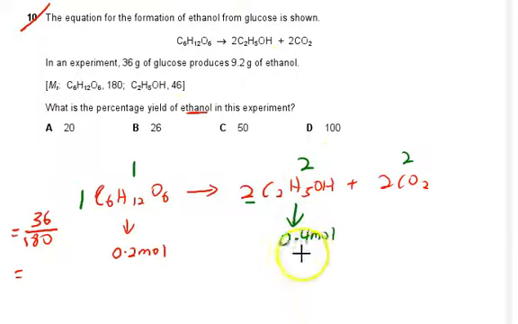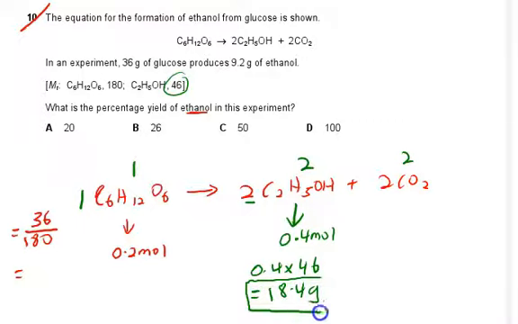Now let us look at the masses. 0.4 multiplied with the RMM, which is 46, gives you about 18.4 gram. This is the theoretical production. But it only produces 9.2.